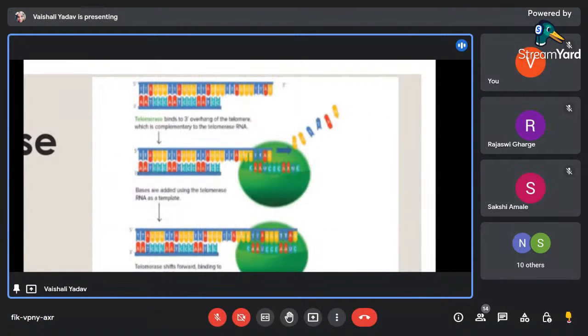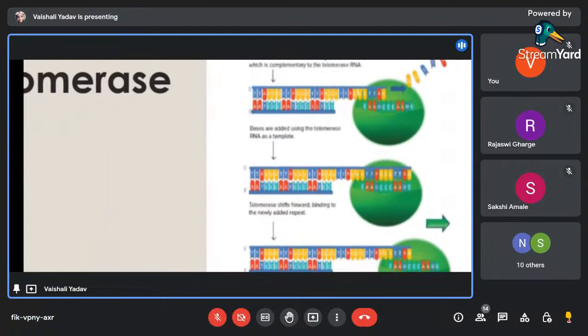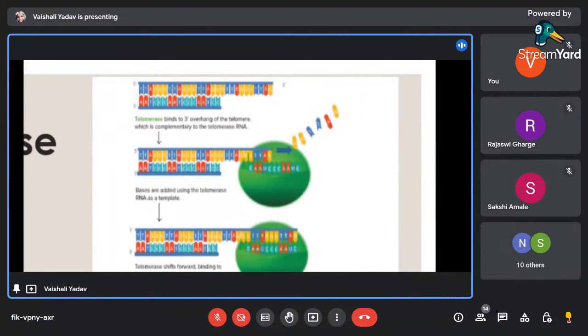After semi-conservative replication, the RNA primer is removed and the 3 prime end is left as an overhang. Then telomerase binds to the 3 prime overhang of the telomere, which is complementary to the telomerase RNA.